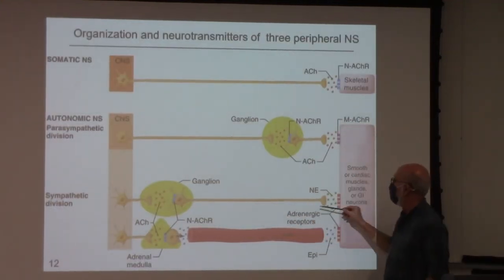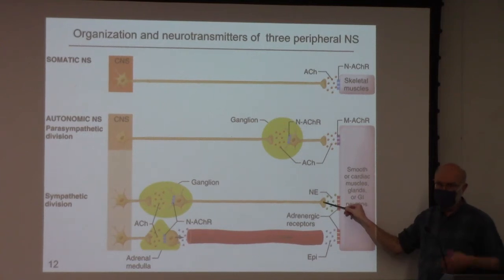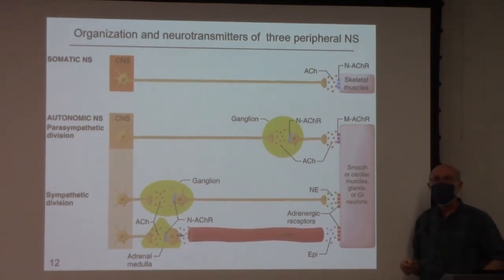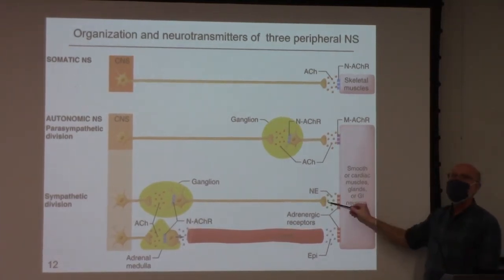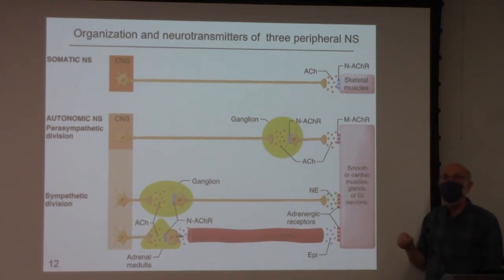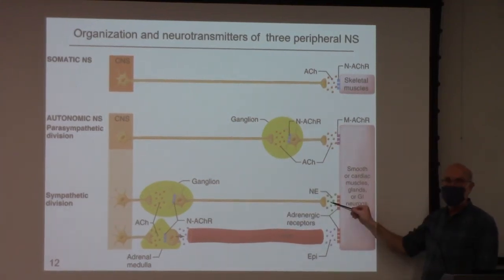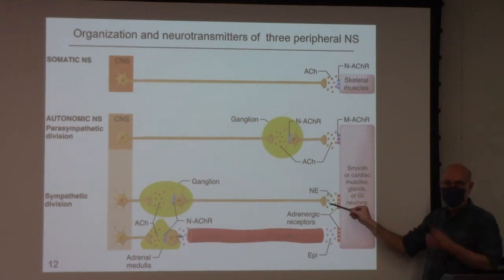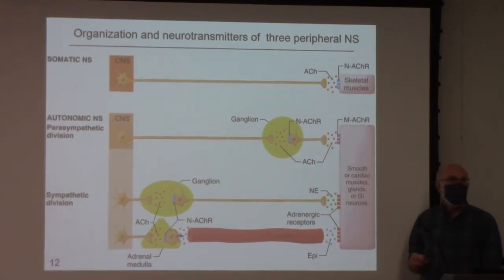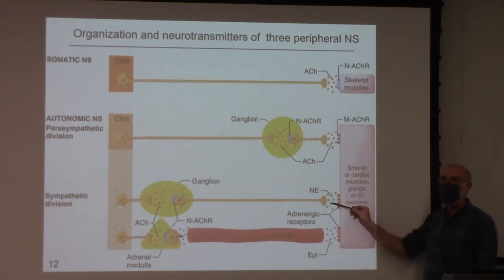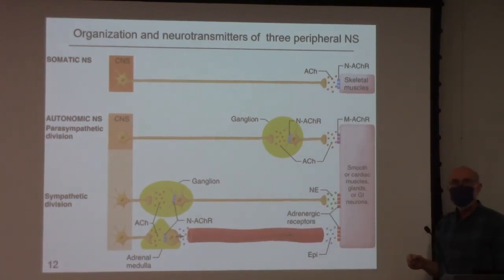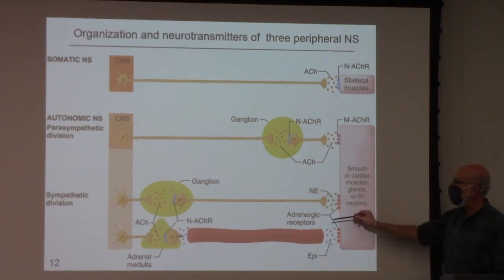Action potentials, release of neurotransmitter by the same mechanisms. Apply your calcium channel mechanism. The neurotransmitter is norepinephrine. So we now have a new neurotransmitter, and acetylcholine all the way until here. Norepinephrine interacts with adrenergic receptors.